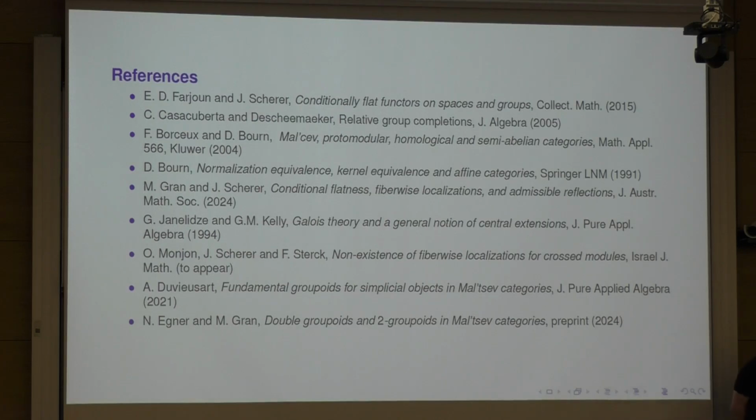Yes. You mentioned that if you have a Maltsev category, then for a regular Maltsev category, the groupoids in it will be regular. Is it also true if you just take categories in general in a regular Maltsev category? Yes, it's true because categories and groupoids coincide in a Maltsev category. So that's an advantage.